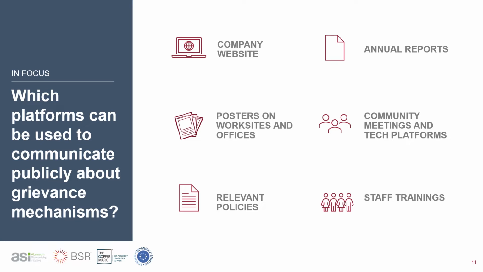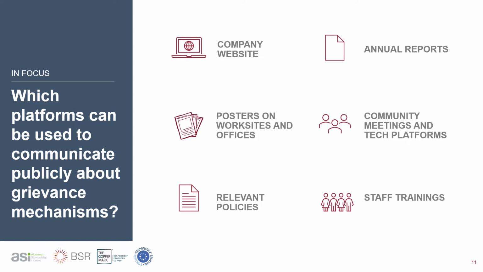Local community members may be made aware of the channel via community meetings or tech platforms such as WhatsApp, WeChat, or Facebook. For clients and customers, public information on grievance mechanisms on your company website and annual reports is a good way to communicate about your processes and outcomes. Multiple platforms can and should be used to cater for the different rights holders who may use it.